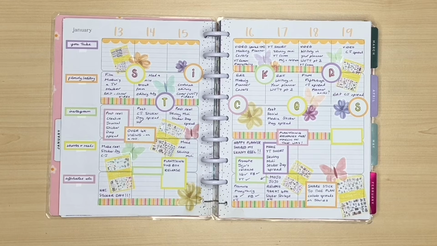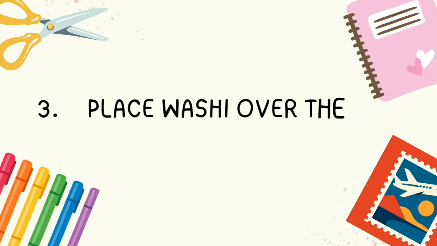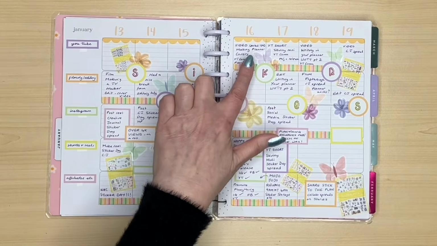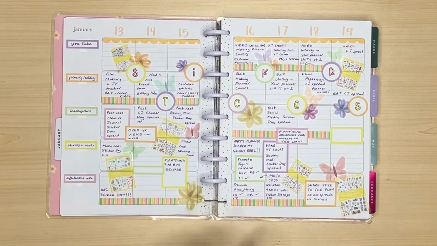Another tip, if you're a new planner and you're not sure where to place washi, is go for the obvious and place the washi on the lines on the pages, whichever layout you're using. Then you don't have to think about it. Here I've gone for alternating the lines a little bit, and that's something I often did when I used the vertical layout.